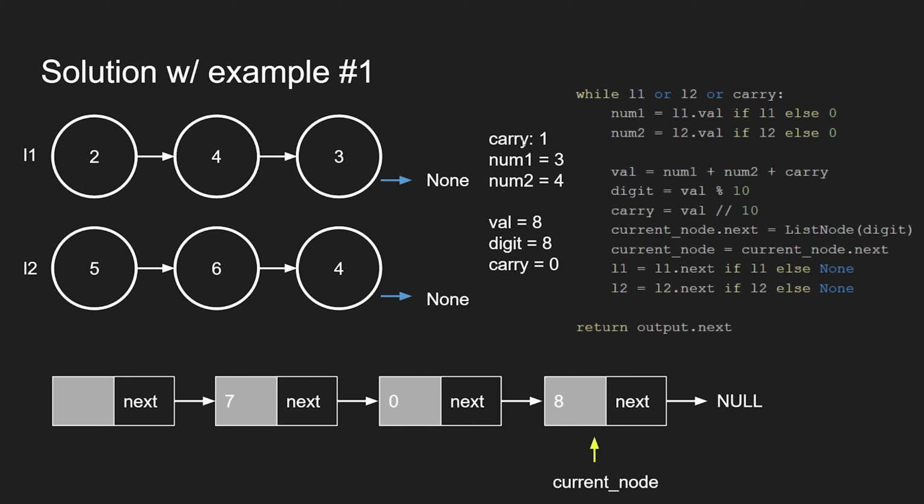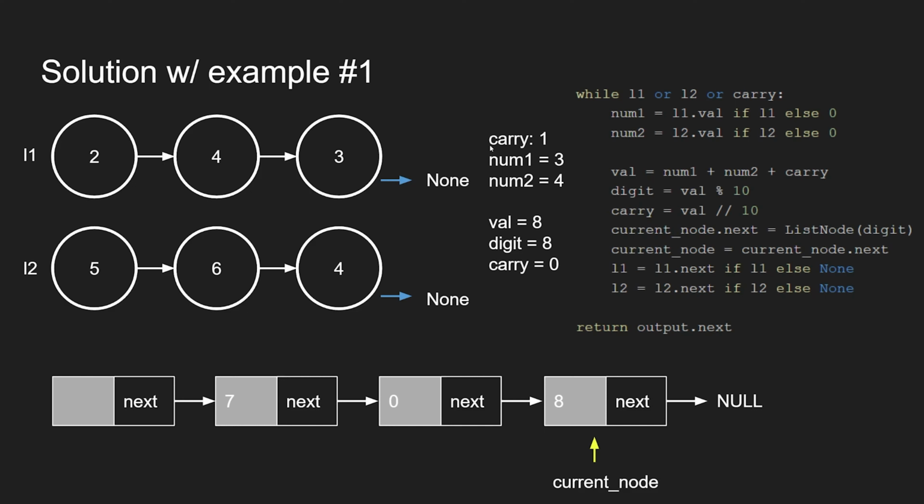And then we finished. So using the recent carry of 1, we collect our new values of 3 and 4. And you add that, it becomes 8. The digit is 8, the carry is 0. And you create a new node with 8.